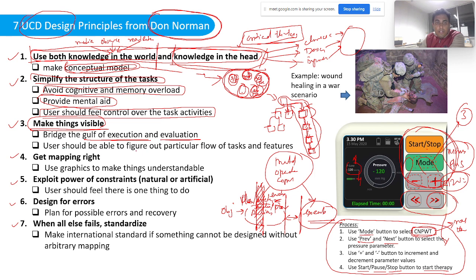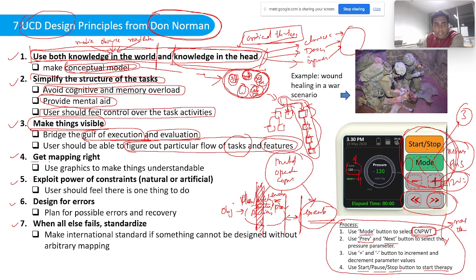The user should be able to figure out the flow of tasks and features. So this second point defines the key concept: whatever tasks or features you define when designing a user interface, try to reduce this gulf of execution and evaluation.